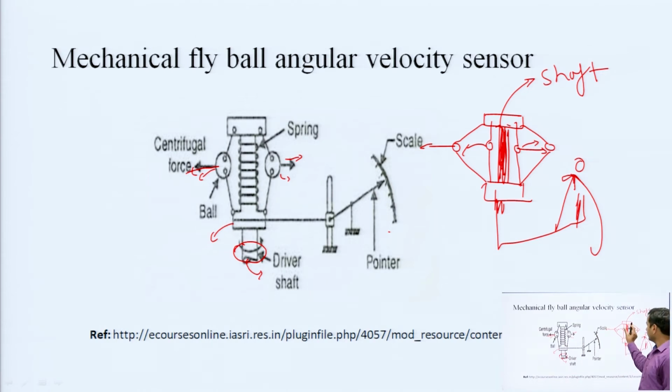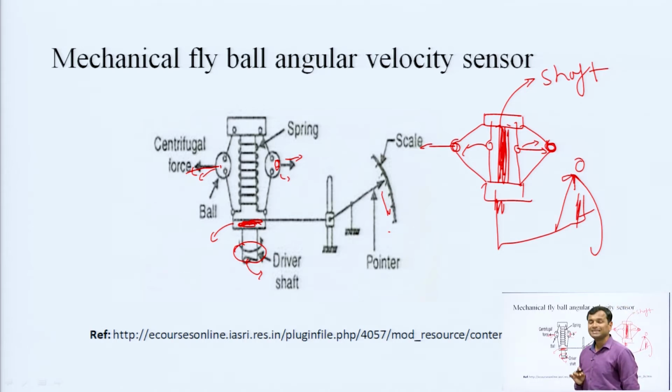And when these balls go away, the meter will be deflected from 0, because this dark weight will be lifted up, and when it is lifted up, the pointer gives you a reading. So, this is the basic principle of the mechanical fly ball angular velocity sensor.